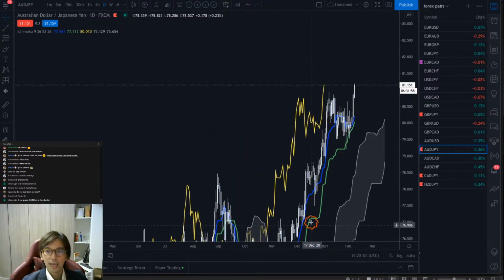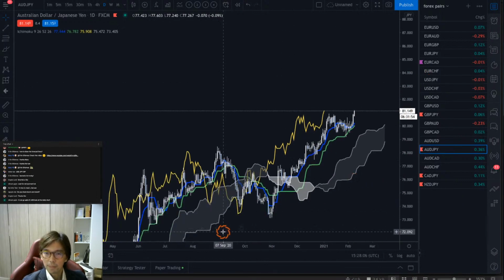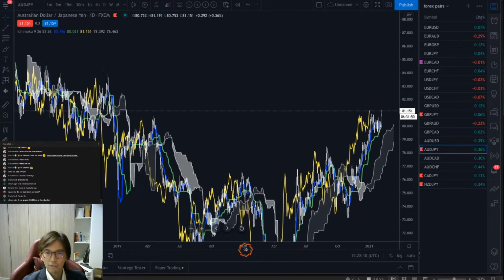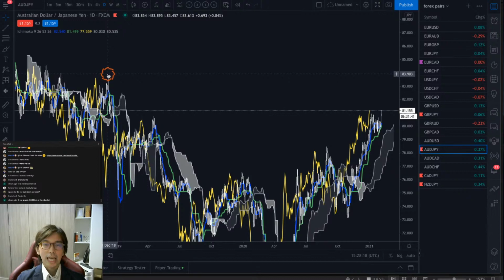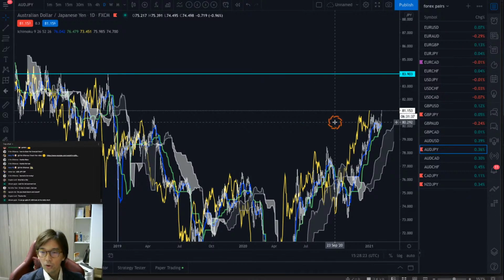So this is again AUDJPY, and as for the target, it might be the previous high. If I go all the way back in the past charts, then I see the previous high on the 3rd of December 2018 at the 83.9 or 84 level, which will be an ultimate target.